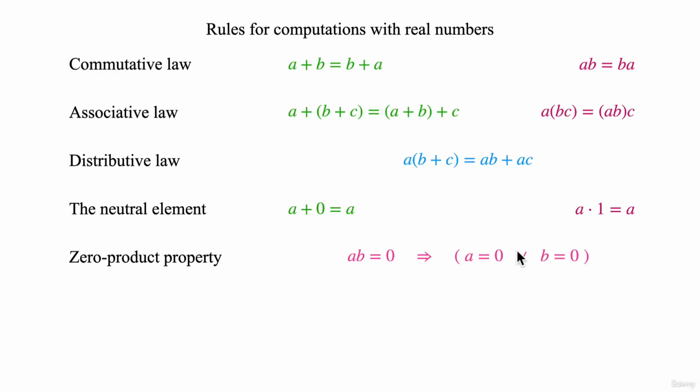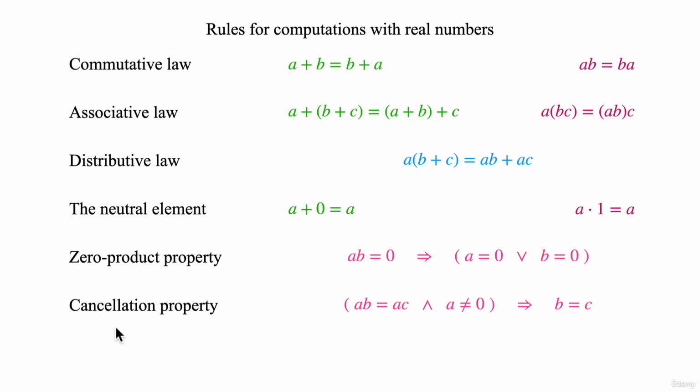This small sign is OR. It's a mathematical symbol for OR. And this is implication. It means that from this follows this. So if AB is equal to 0, then either A is equal to 0 or B is equal to 0, possibly both of them. But at least one must be equal to 0.